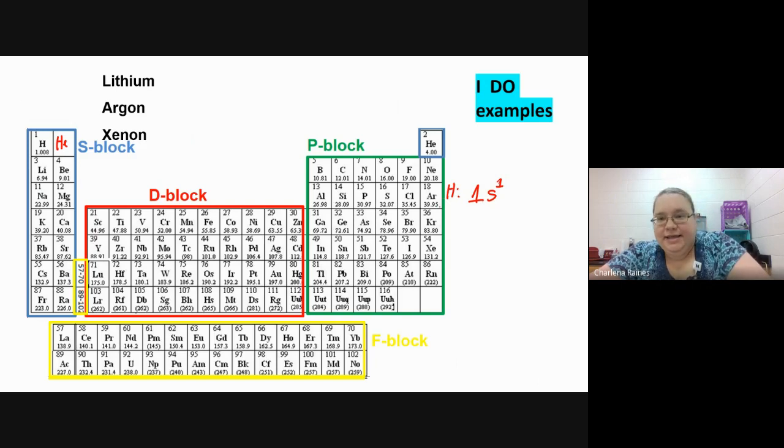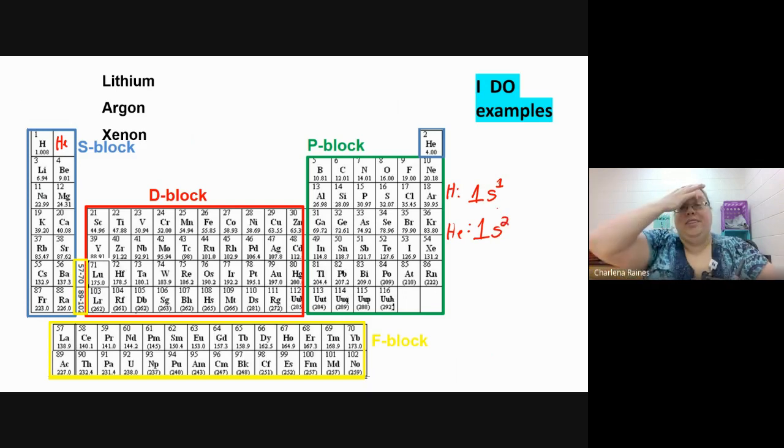But helium, we knew from Bohr that the S subshell, sublevel, could hold 2 electrons. So helium, being in that first period and having only 2 electrons, is going to fill up the S sublevel. That second electron is going to go in there and fill it up before it ever goes anywhere else.